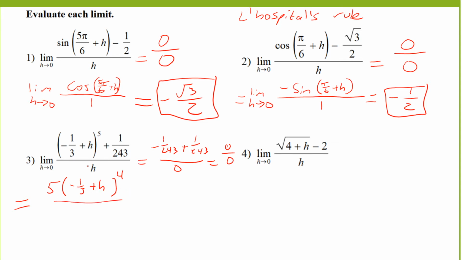Okay, over, when I derive the bottom? 1. Okay, so I'm going to take that, and I'm going to plug in our limits. So this is the limit as h approaches 0. So if I plug in 0 here, I'll have negative 1/3 raised to the 4th power. That's 1 over 81. So my final answer would be 5 over 81.